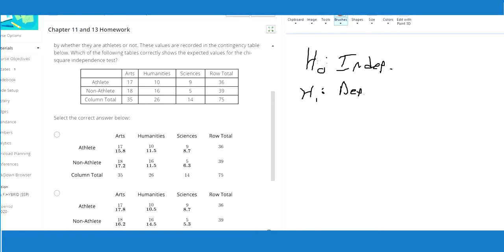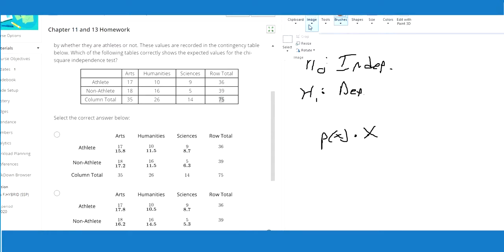So we're going to assume H0 is true, that they're independent of one another. We find the probability that a randomly selected student would be an athlete and a humanities student, and then multiply that probability by the total number of students. In other words, it's like the expected values that we did earlier on in the course. You take a probability and then multiply it by the actual value of X.